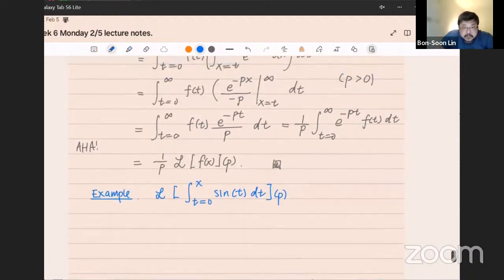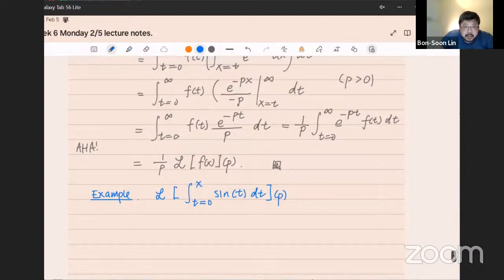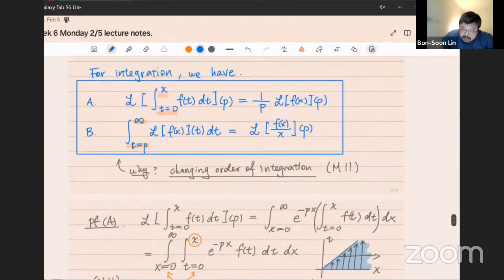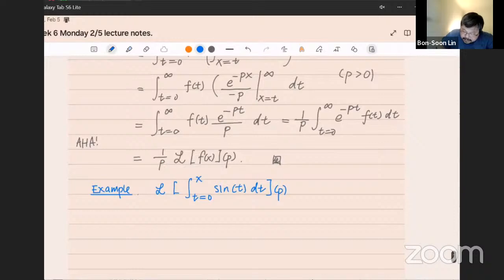The rule says if you're doing the Laplace transform of an integral from 0 to x of a function, we can directly write down 1 over p times the Laplace transform of the function. But you have to be careful: is the bound from 0 to x? Yes, it is. So by theorem A, this is just 1 over p times the Laplace transform of sine of x as a function of p.